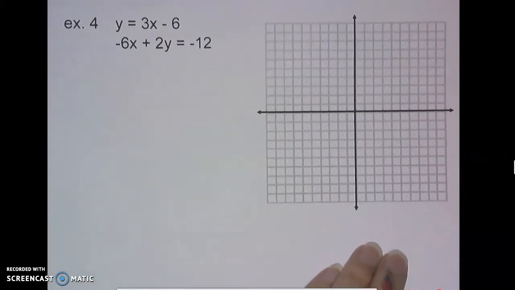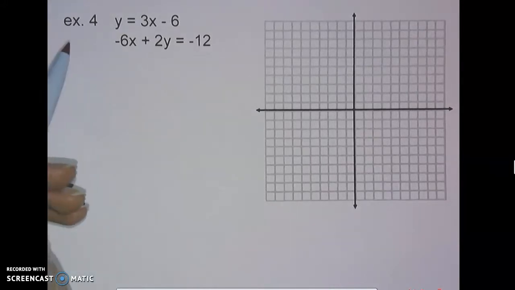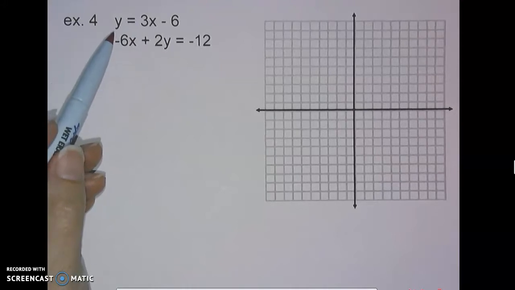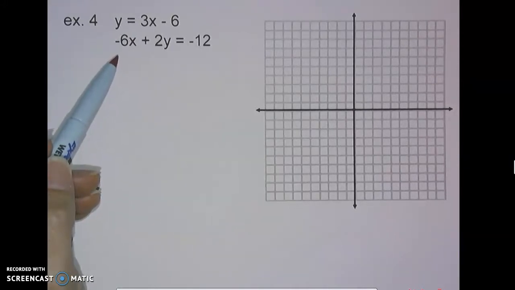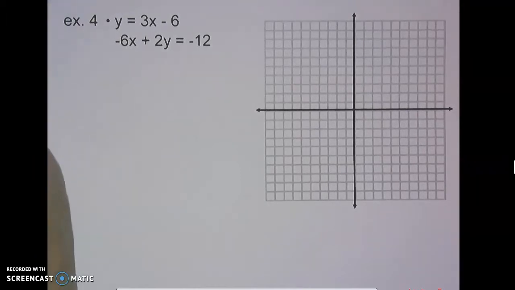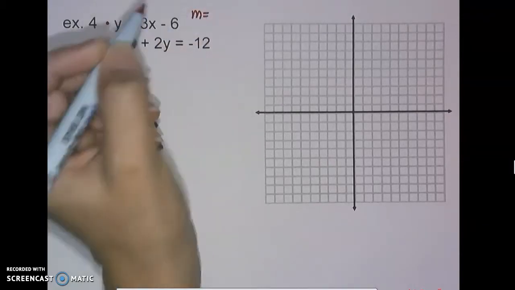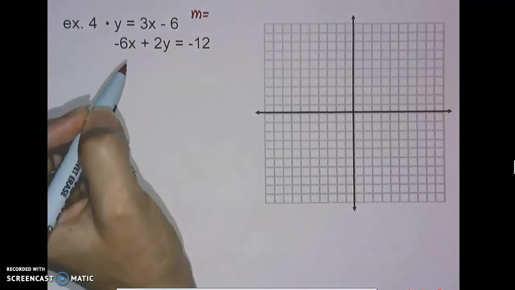So let's try a few to continue on from what we did yesterday. First set for today, this is example 4 continuing on from yesterday. y equals 3x minus 6, and negative 6x plus 2y equals negative 12. The first equation's already solved for y, so we're going to go ahead and figure out what m and b are, and graph it.